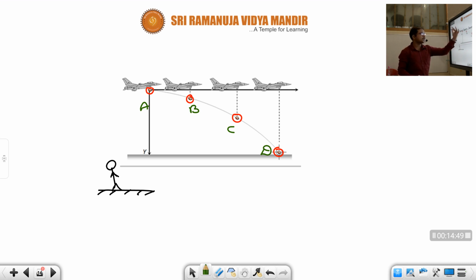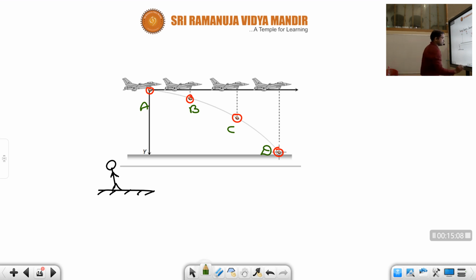Maybe the plane which released that explosive material is moving in a straight line, but how is that bomb moving, children? What is the shape of the path?